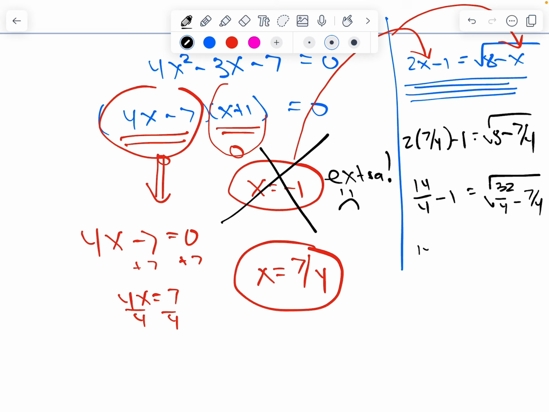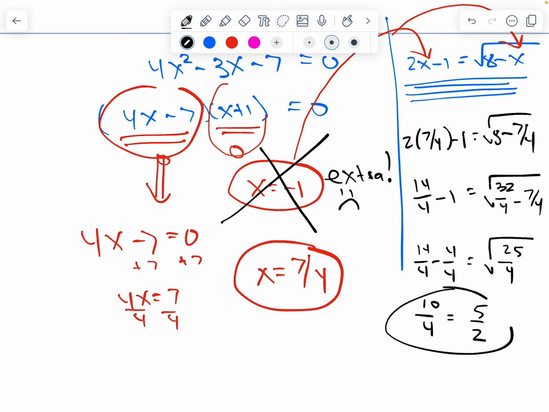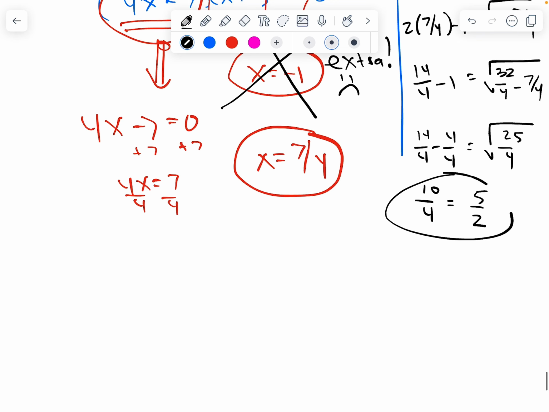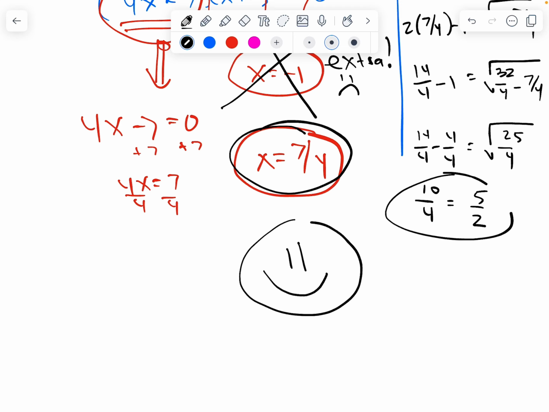And that's going to be 14/4 minus 4/4 equals 32 minus 7 over 4, which is 25/4. Now 14/4 minus 4/4 gives us 10/4. The square root of 25/4 is 5/2, and this is in fact true. 10/4 does equal 5/2. So 7/4, the unlikely weird fractional thing, was our only true solution, and -1 was the imposter.